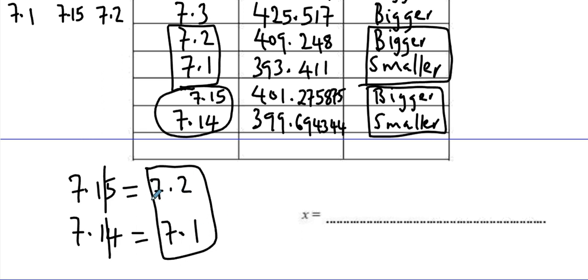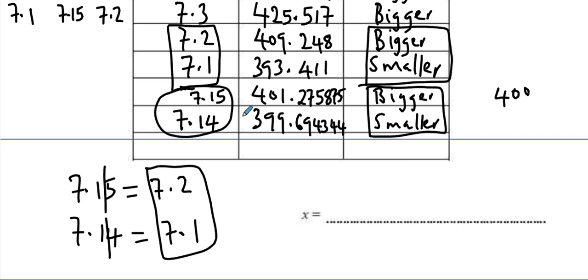Now, to know which one we go for, you just take the expected answer. We're expecting 400, but here we got 401.275875.